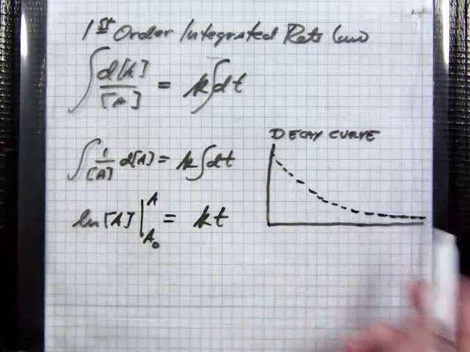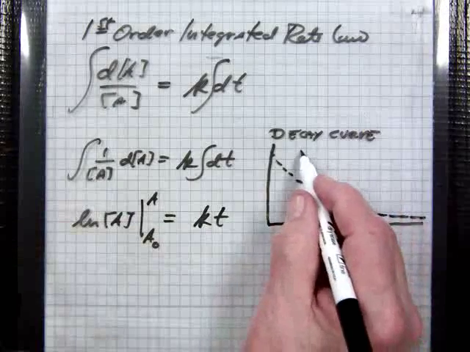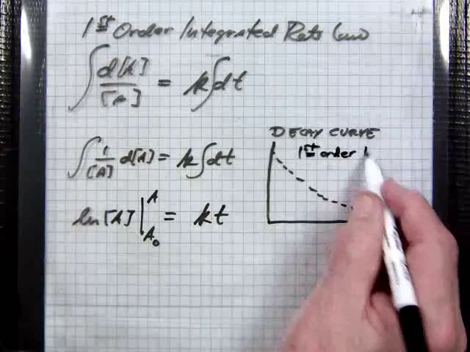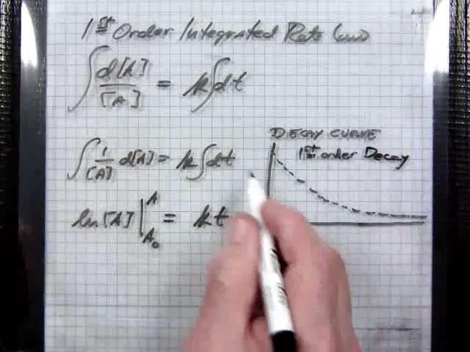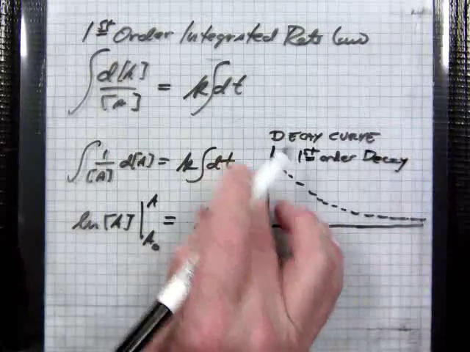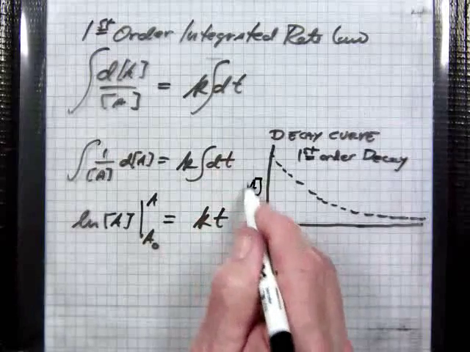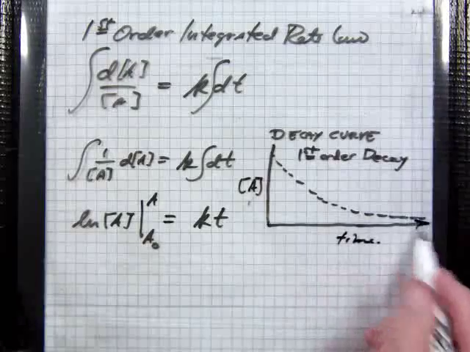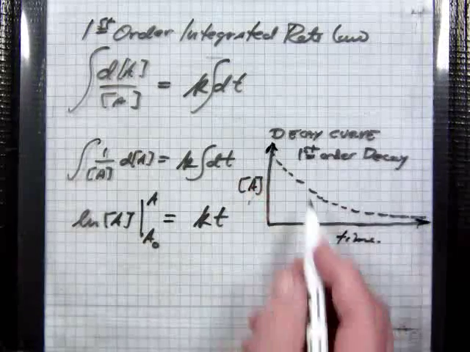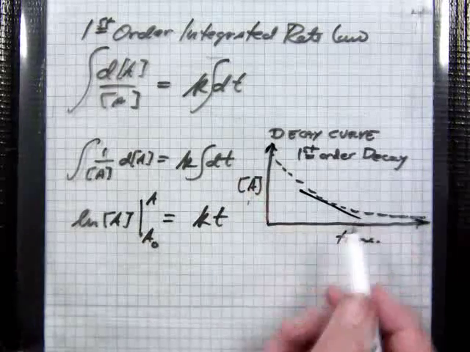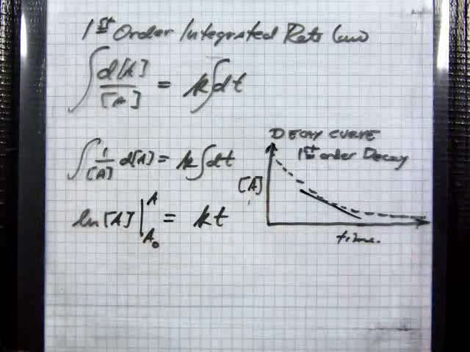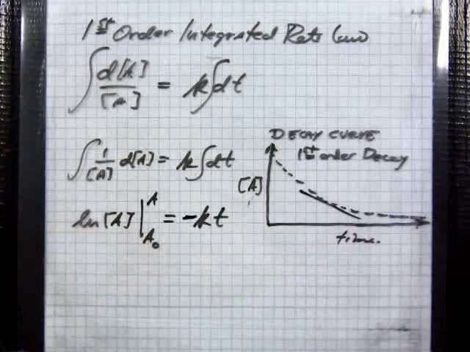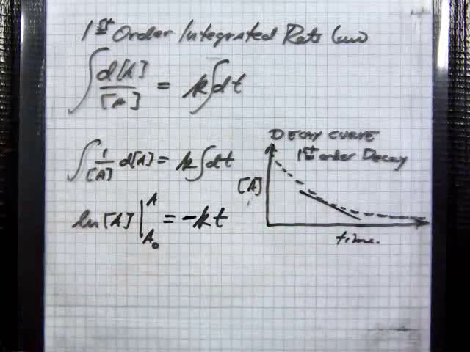This is called the first order decay trend. We'll make that concentration of A over time, going out that way. So the slope in here is decreasing, okay? It's a negative slope, so we have to install a negative value for that slope.